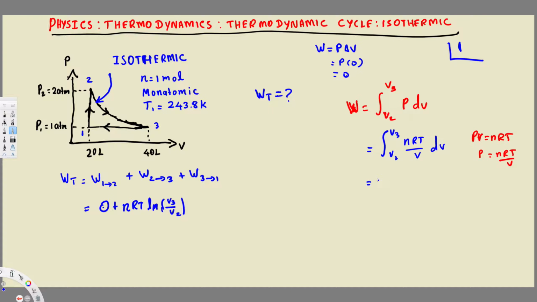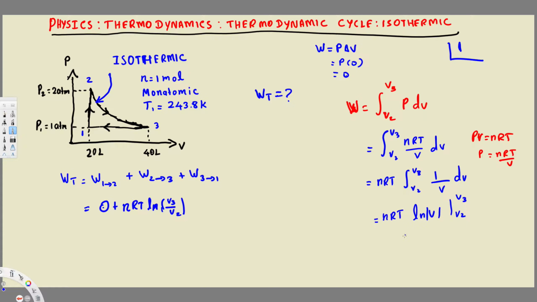So this is going to be nRT times the integral from V2 to V3 of 1 over V dV. And we know that whenever we integrate 1 over V, that's going to be ln V, right? So here we can write nRT ln V, going from V2 to V3.